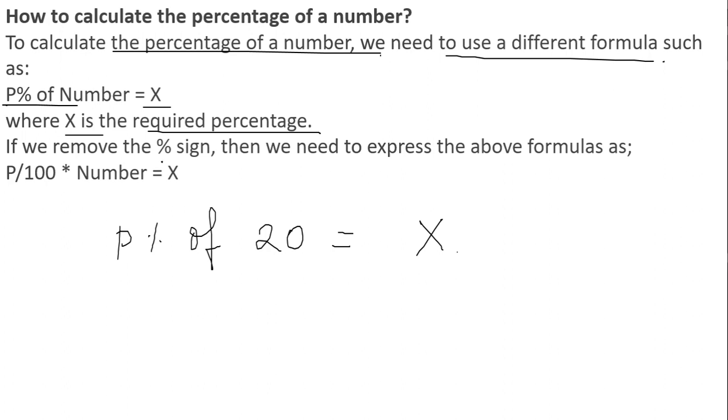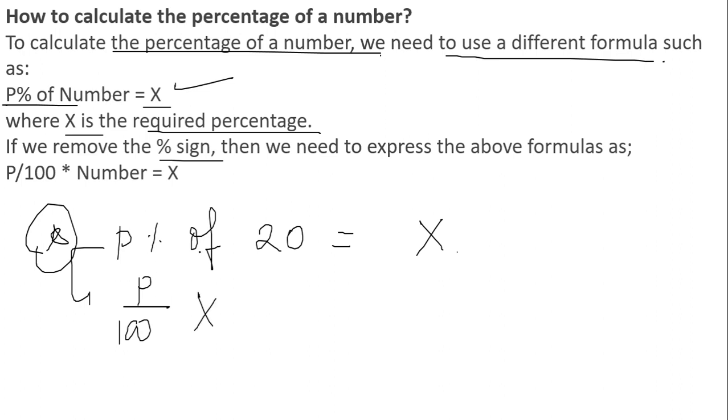If we remove the percent sign, we express the above formula as p divided by 100 into the number. For p% of any number, for example 20, where p% of 20 is x, p% means p divided by 100. In mathematics, "of" is nothing but multiplication, always remember this.